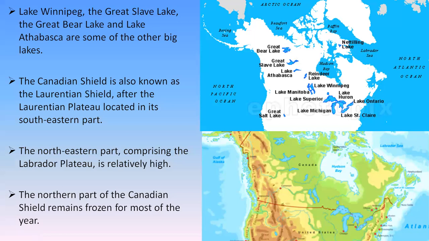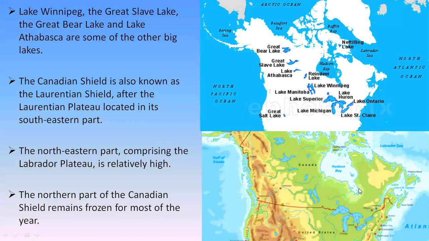Southeastern part means here, the St. Lawrence River over here, and near to that you will find the Laurentian Plateau. Because of this, the Canadian Shield got another name, the Laurentian Shield.